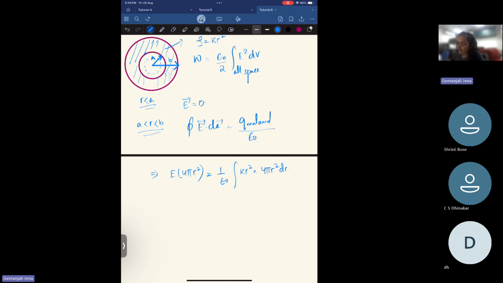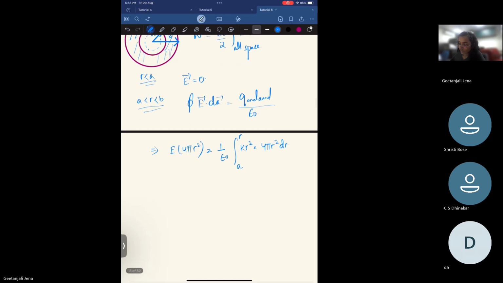And for r, for inside, we need to start from a to r. So 4 pi will cancel. The field is 1 by epsilon naught r square, k r to power 4 dr from a to r.